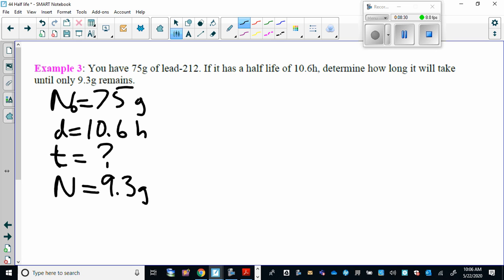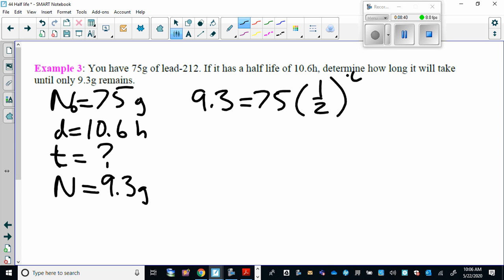Okay, so that looks pretty straightforward. We set it up like that, and then we're solving for t.